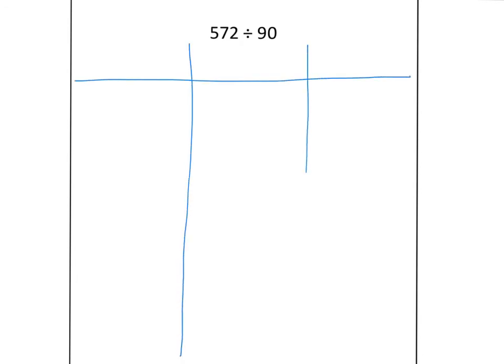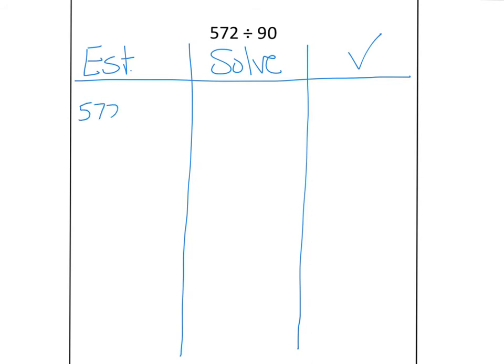So 572 divided by 90, we're doing the same thing. We're going to break this up into 3 sections for estimate, solve, check. Estimate, solve, check. For estimating, we always start with what we know, which is 572 divided by 90.